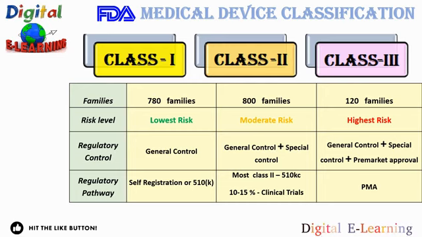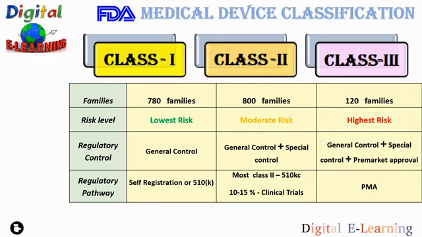If your device falls into a generic category of class 1 exempt devices, the pre-market notification application and the FDA clearance are not required before marketing the device in the US. However, the manufacturer is required to register their establishment and list their generic product with the FDA. They only require general controls and no special controls are required for class 1. And the regulatory pathway is only self-registration or the 510K.